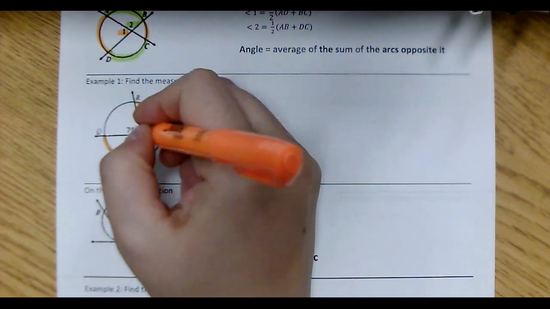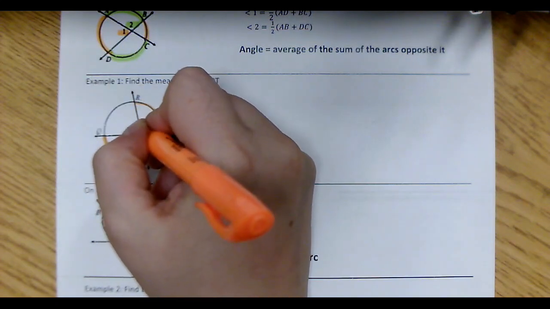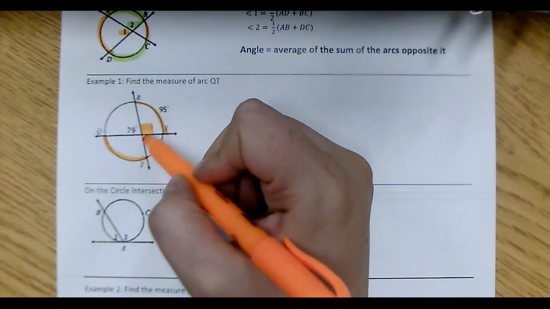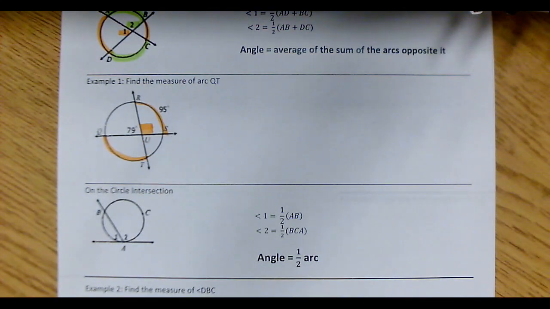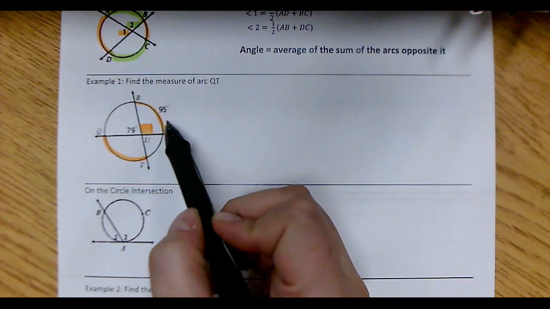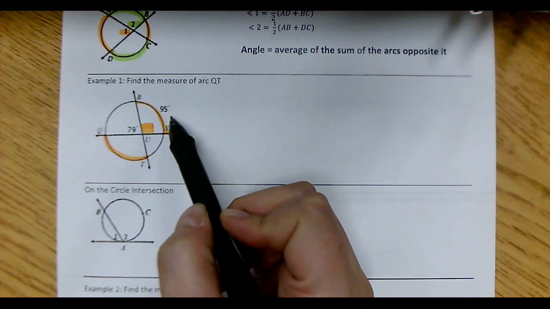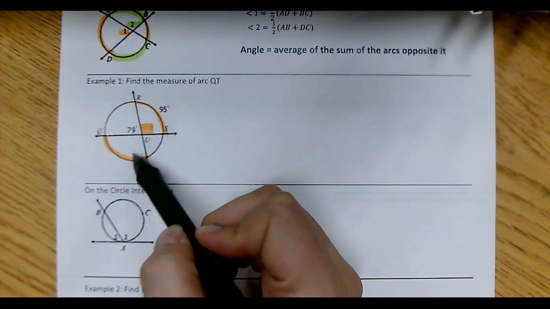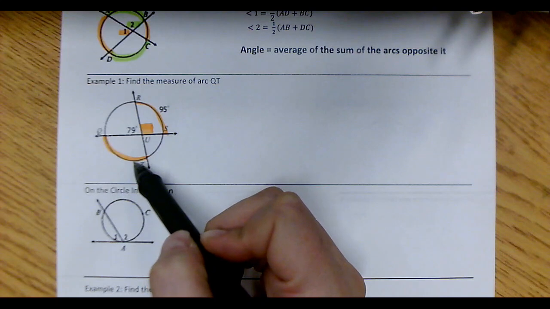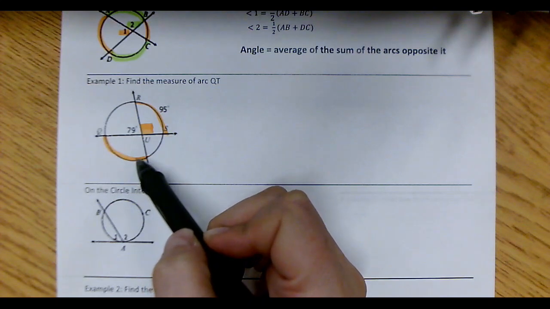And we're going to need the angle that's in line with those two, which would be this angle right here at RUS. However, we don't have enough information right now to be able to find that. We do have the arc of 95 there, but we need the angle or the other arc in order to be able to find information out.